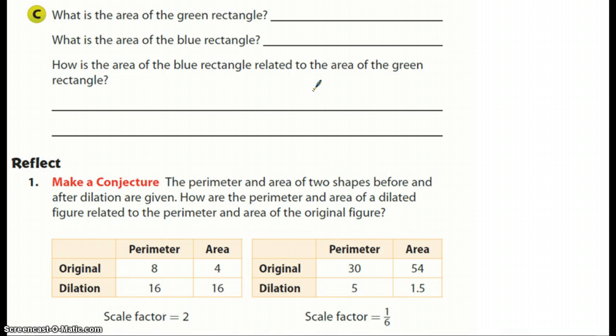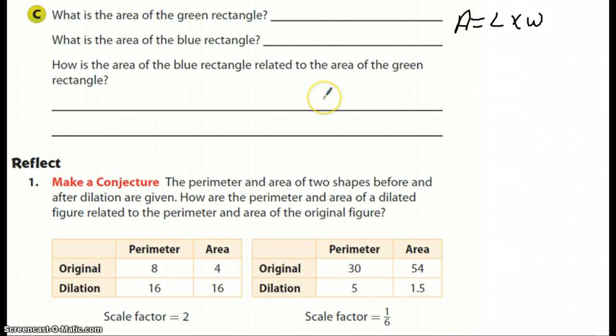And what is the area? We know from our 6th and 7th grade math that area equals length times width. And then you want to know how the area of the blue rectangle is related to the area of the green rectangle.